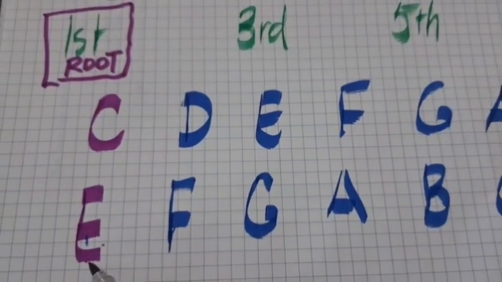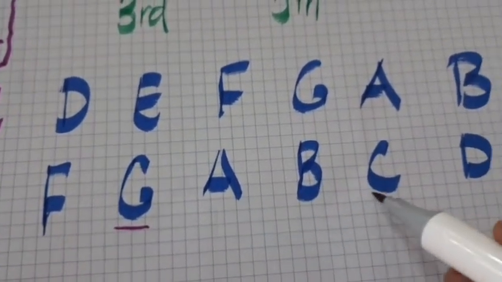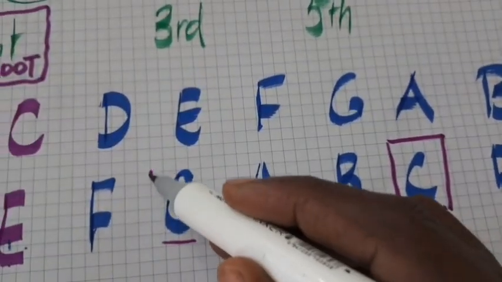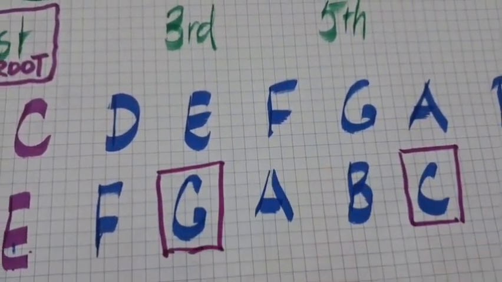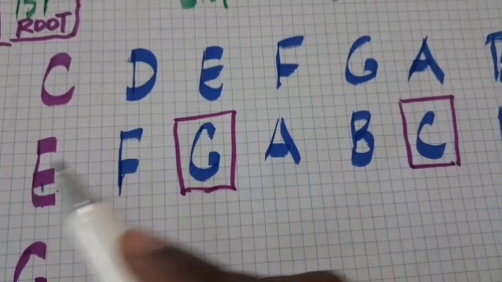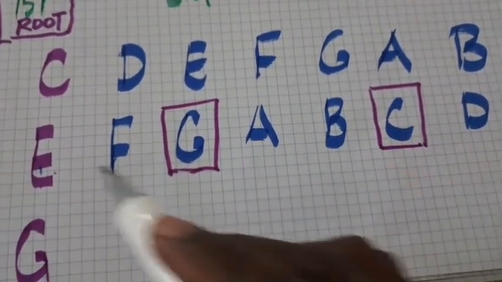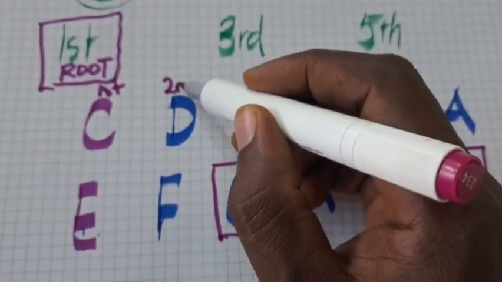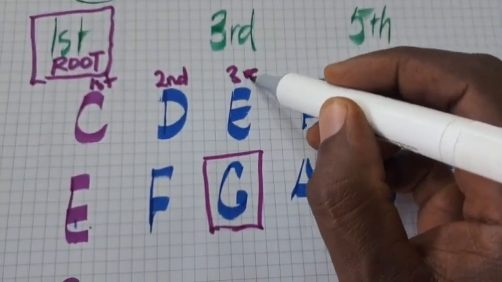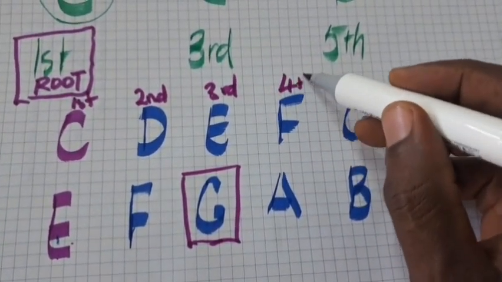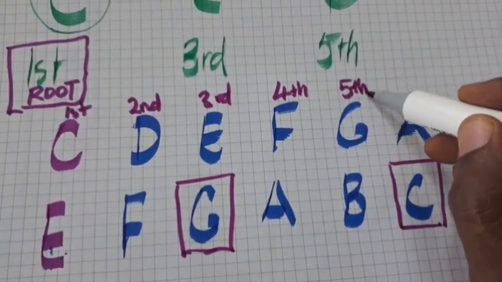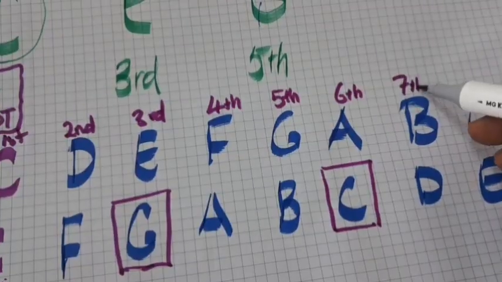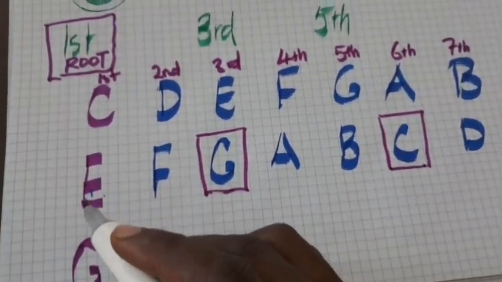So E, G, and C. In this case, C is, this is first, second, third, fourth, fifth, sixth, seventh. Okay.